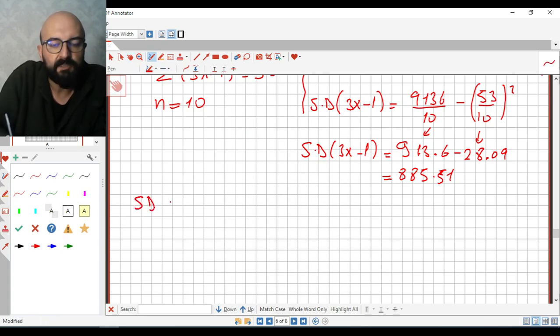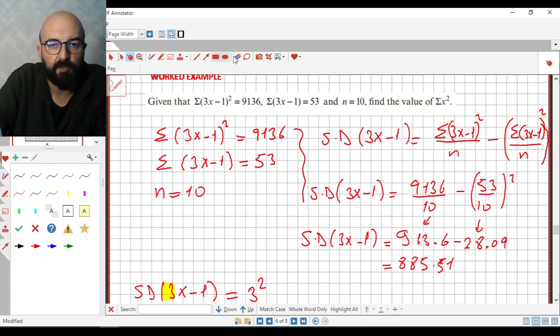Now we can say the standard deviation of 3x minus 1, please notice that this has a factor of 3. So 3 squared, excuse me, this is variance.